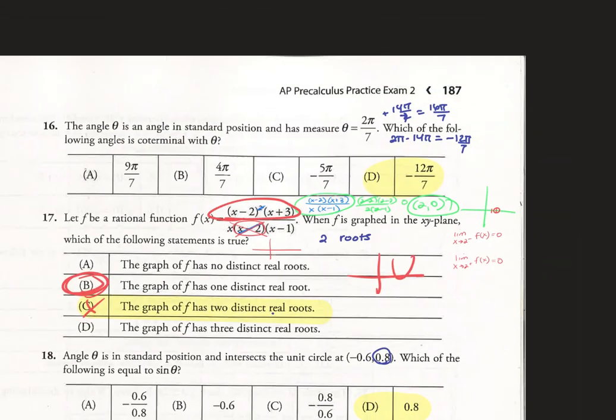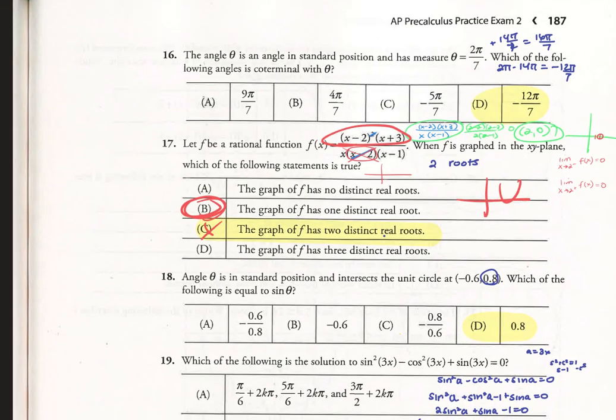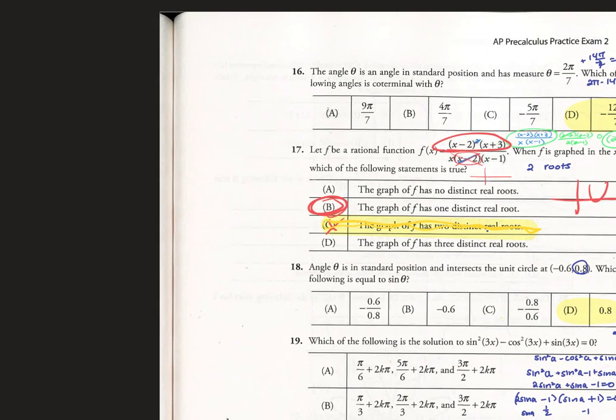All right, other questions? Okay, 17. Well, roots are the same thing as zeros. X minus 2 squared. A root is a 0 or a solution.